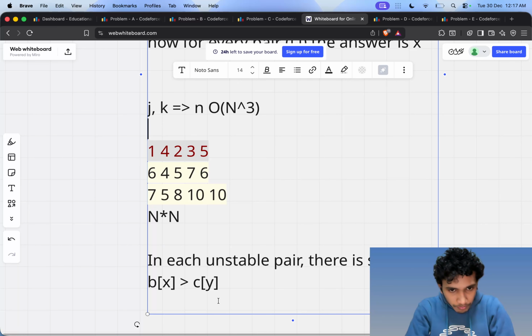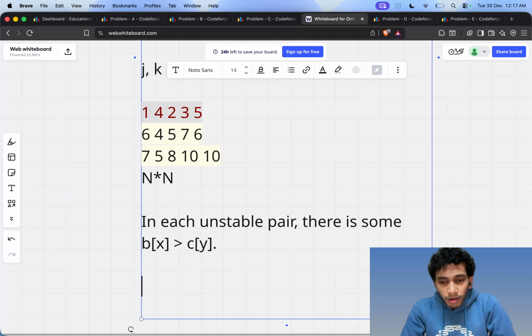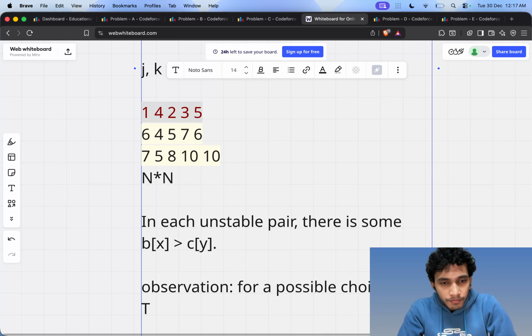How can we do so? We already observed one thing: for a possible choice of j comma k, the difference of indices for each pair remains constant.